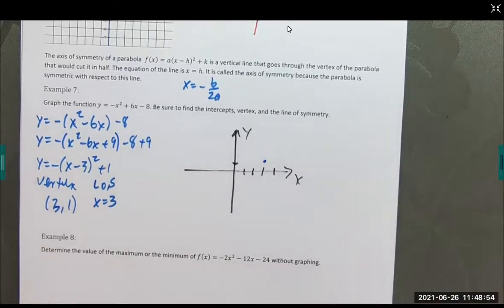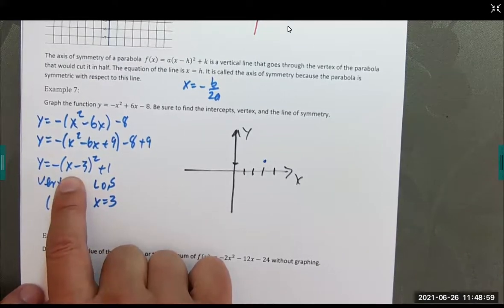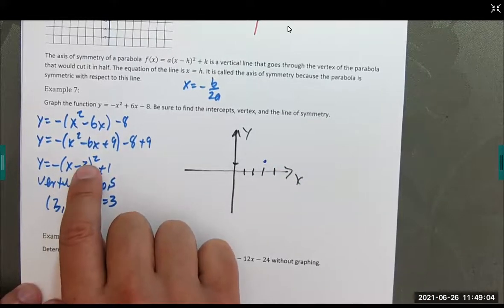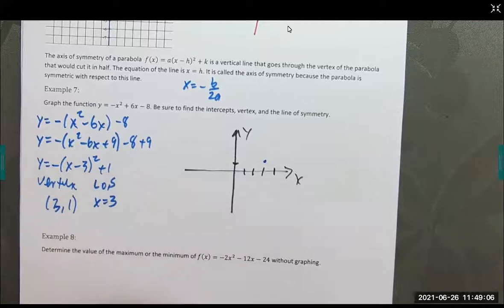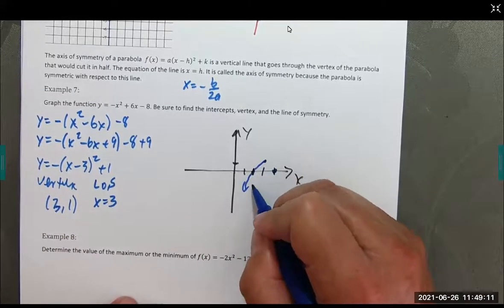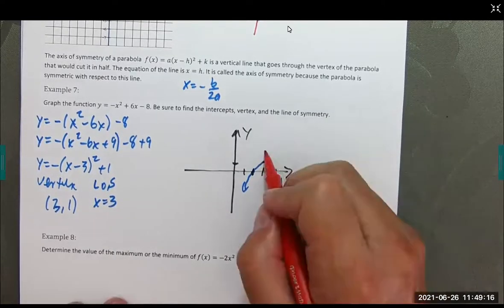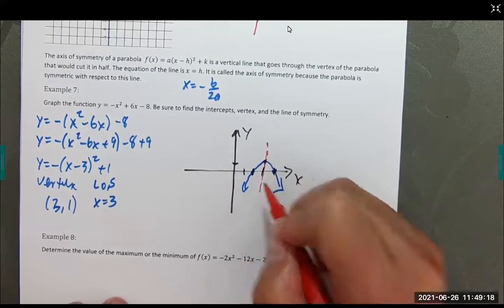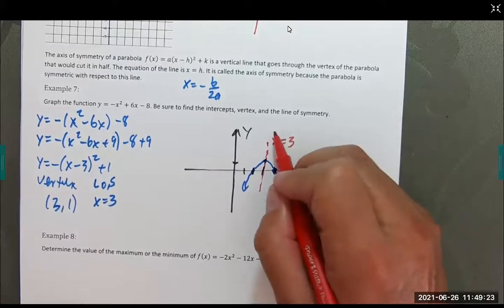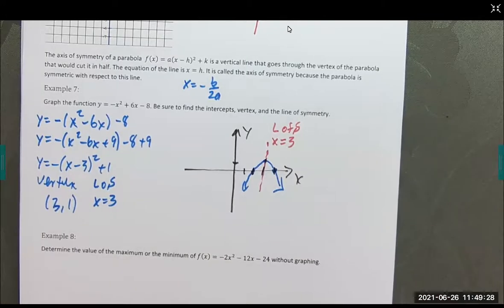If I plug in a 4, again, that's over here. 4 minus 3 is 1, 1 squared is 1. That becomes -1 plus 1, that is 0. And because of symmetry, it's going to be the same here. So here is our graph. The line of symmetry, right there. That's the line x = 3 is the line of symmetry. Goes through the vertex.